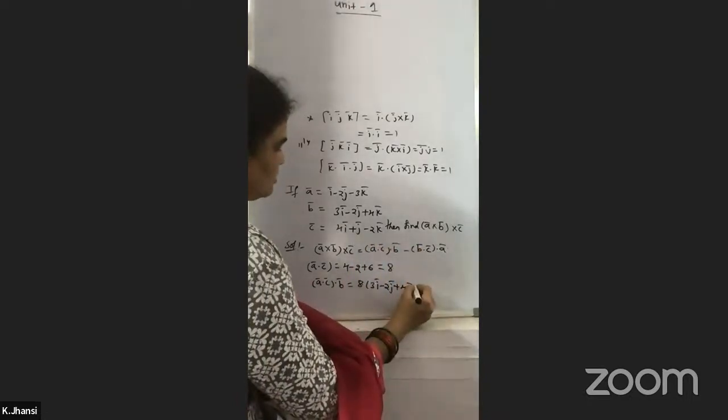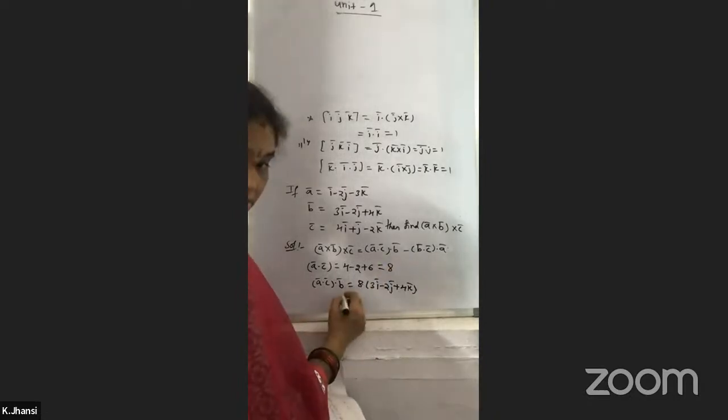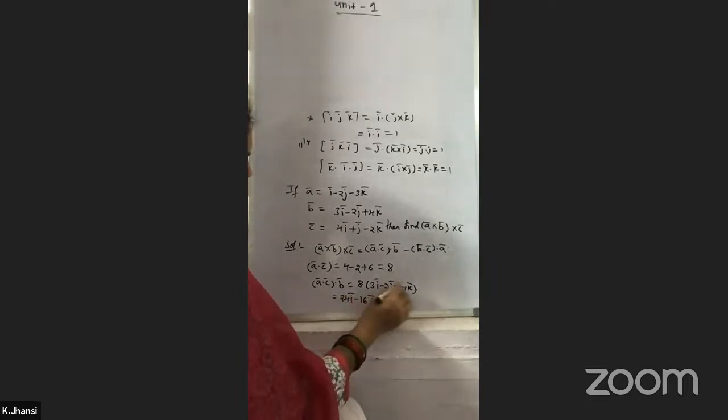If you multiply, you will get 8 3s are 24i, minus 8 2s are 16j, plus 8 4s are 32k. Okay. So this is the value of A dot C into B.